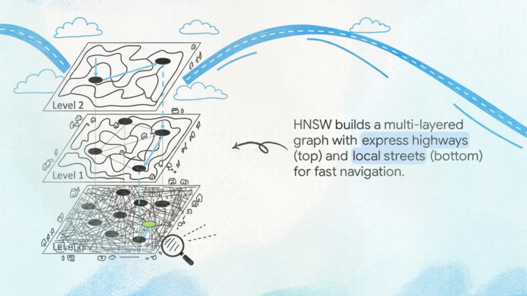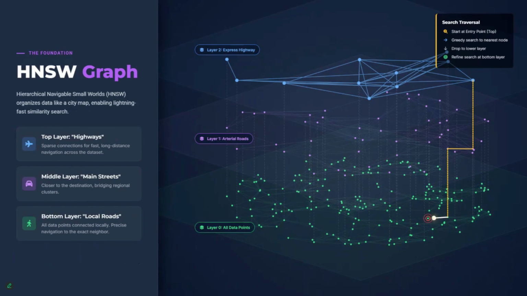HNSW builds a multi-layered map. The top layers are like express highways that get you to the right region quickly. Then you drop into the main streets, getting closer, and finally, you move through the small local roads to reach the closest point. This hierarchical structure is why HNSW is blazing fast for pure vector similarity search.